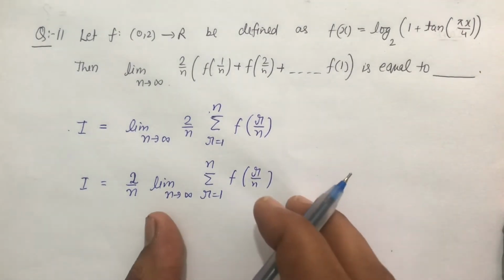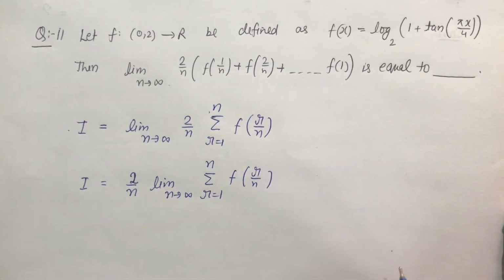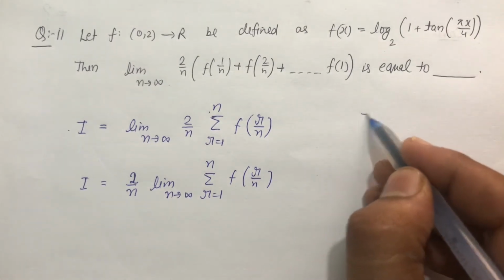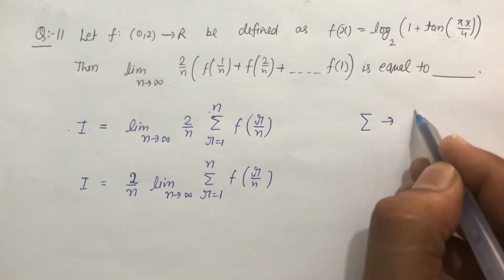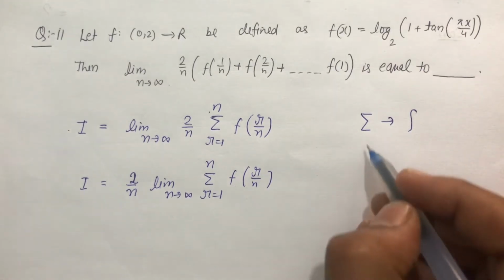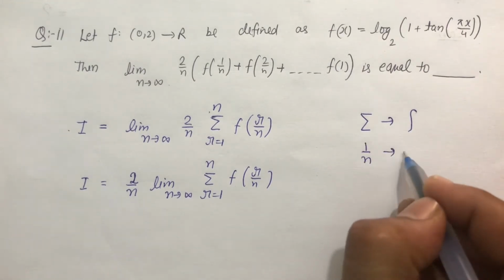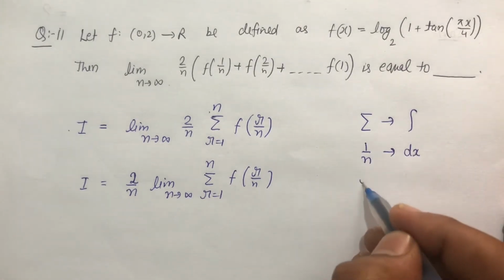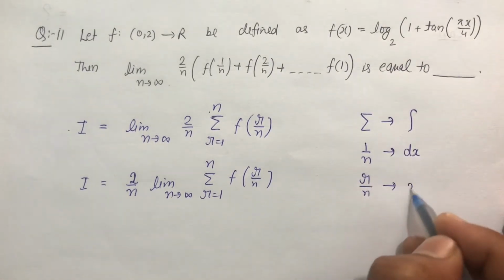Now to convert this limit into definite integral, what you understand is replace this sigma sign by integral sign. You replace 1 by n by dx, and you replace r by n by x.